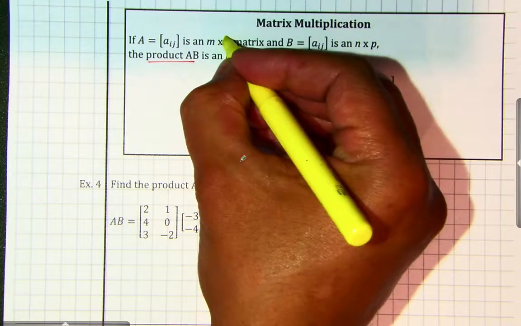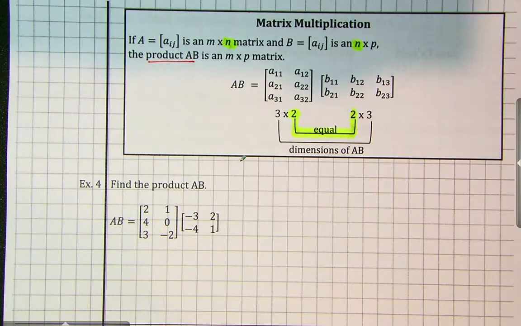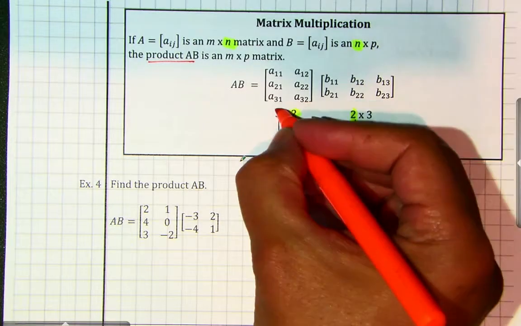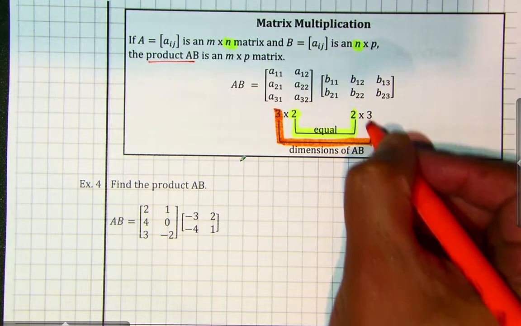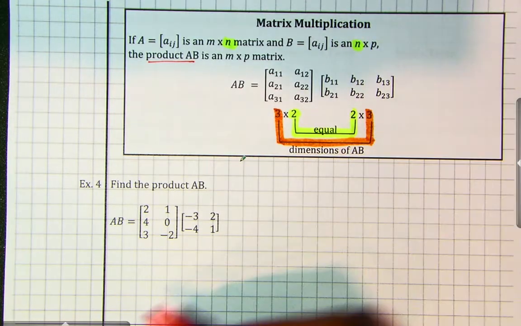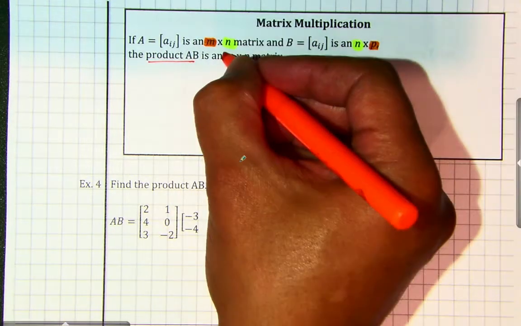That's why they have an n on this matrix and an n on this matrix. So therefore they should be the same. Your resulting matrix, AB, will be of dimensions m by p.